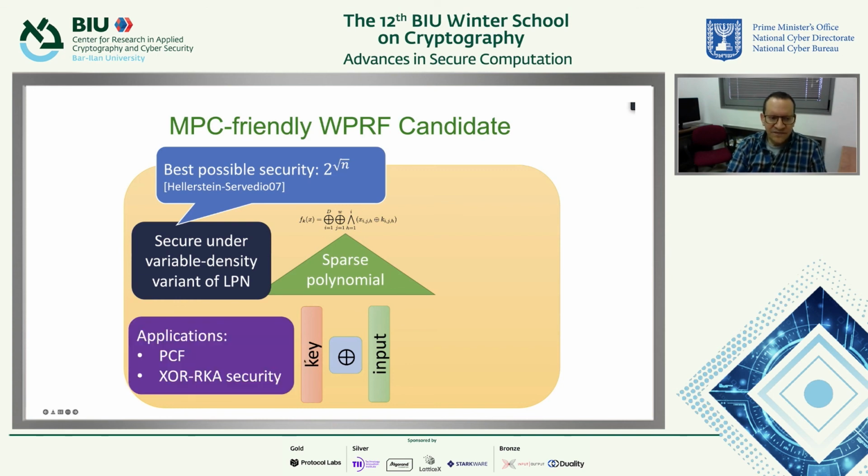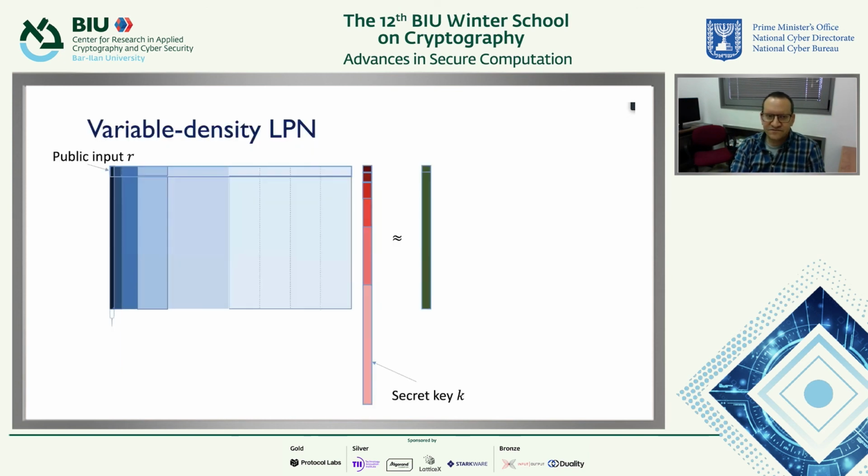And beyond the PCF, which is our main motivating application, you can use the same assumption to get something known as related key attack security under XOR, which is very challenging to construct from standard cryptographic assumptions. So that's another byproduct of this assumption, that we get this useful primitive.